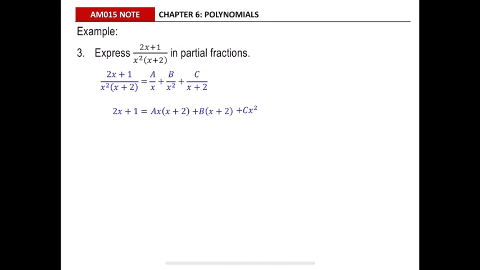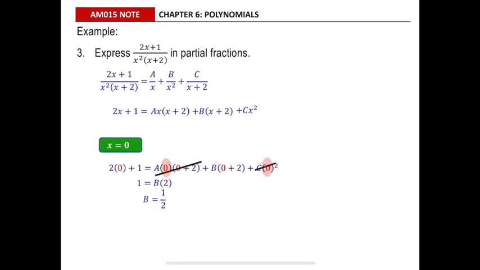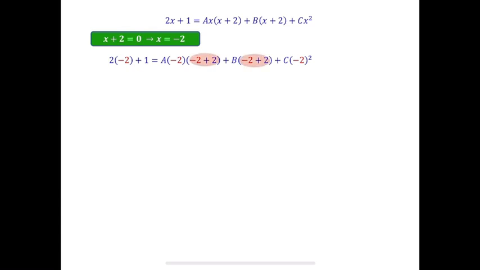Now we substitute x equals 0 and we get the value for B. Then substitute the other factor where x equals negative 2 and we get the value for C. After that, you can substitute any value.